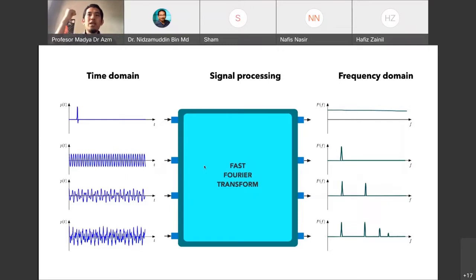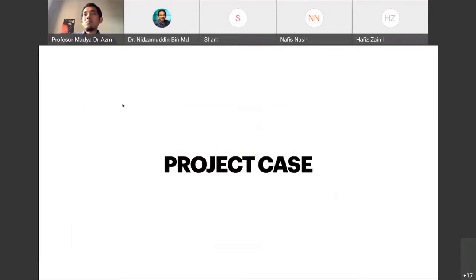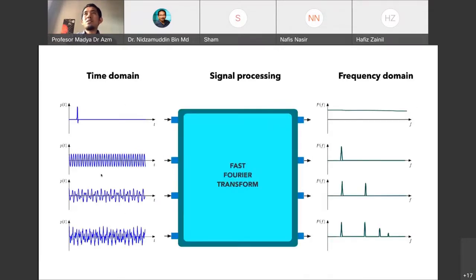If we take the analyzer and the sensor, the analyzer will do the task for us. The vibration signal in the time domain can be converted into the frequency domain. This one is time, this one is frequency. That is the fast Fourier transform, FFT.